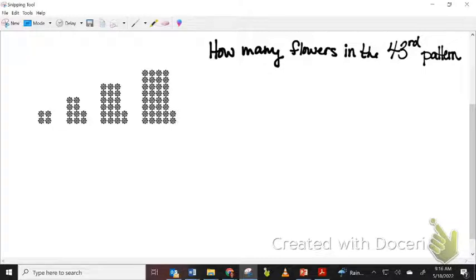Does anything stand out to you that's staying the same each time? The 2. There's always these 2 right here. And I can even see it right there. That one has 2 also, right?